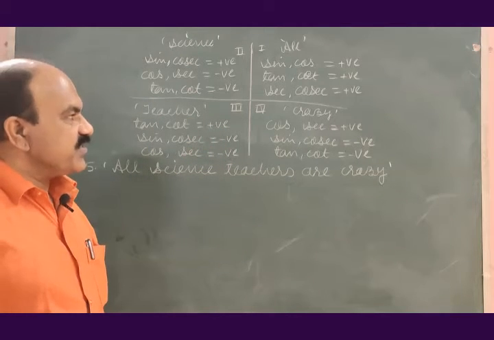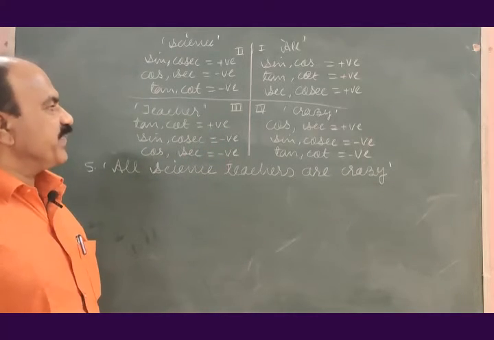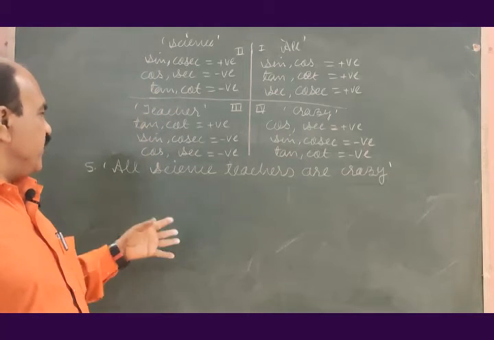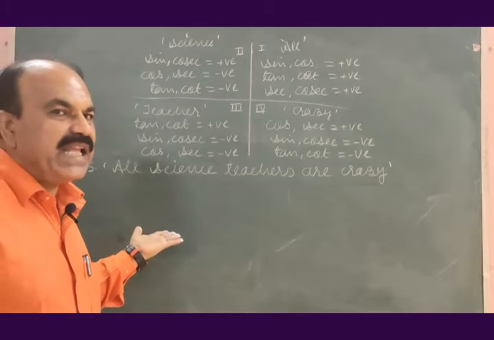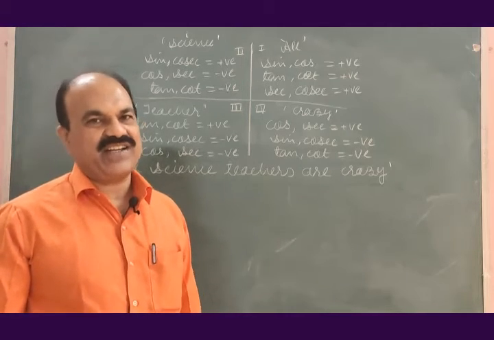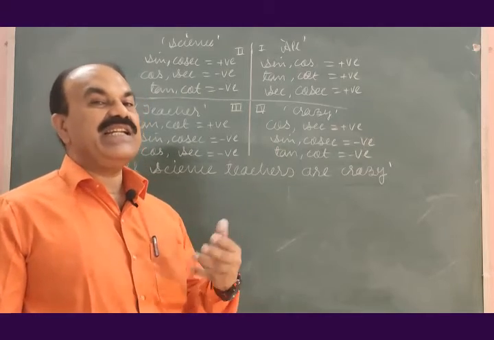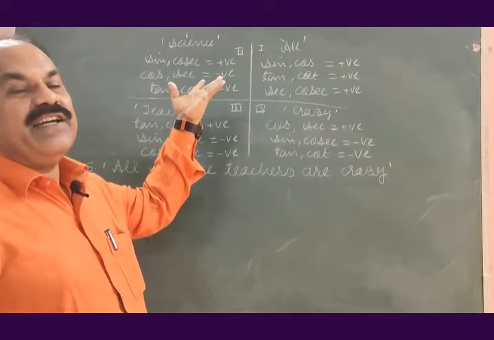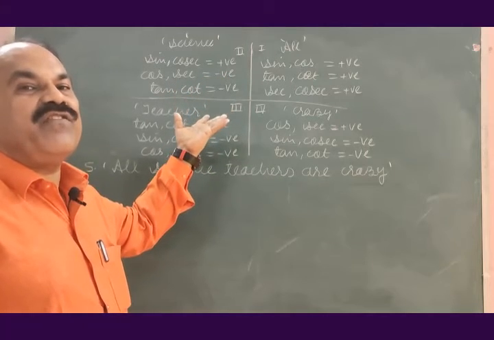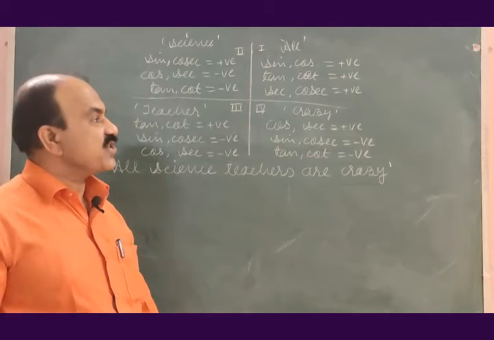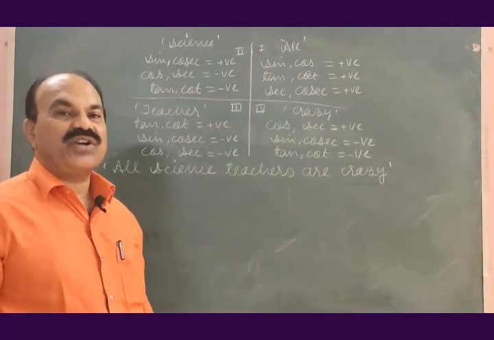The remaining, sine, cosec, tan, cot, are negative. So this way, just by remembering the sentence, all science teachers are crazy, we can remember the nature of all the trigonometric functions in all the four quadrants.